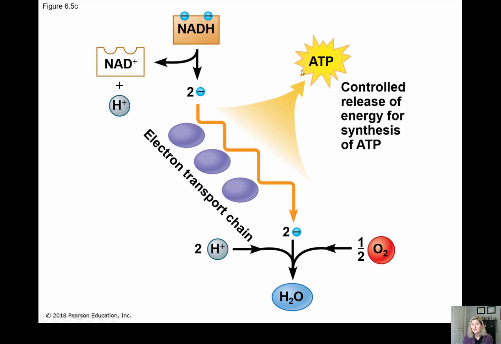So it's going to help synthesize ATP. We're going to get that cellular energy through this step-by-step process. That's why I'm introducing it now, because we need these electrons carried by an electron carrier to power this process. Okay, so this is going to help us synthesize the ATP in the end.